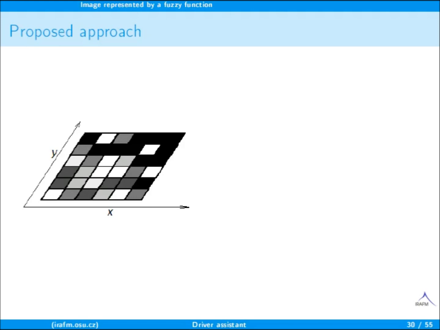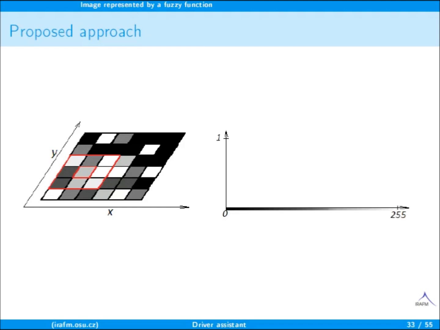Again, here is an illustration of how the fuzzy number for the corresponding pixel is created. There we have an image over the mentioned domain. We will browse all pixels in the image. For illustration purposes, we will now use the pixel which is marked by the red color. We establish a delta neighborhood around this pixel. The delta neighborhood is marked by the red rectangle.